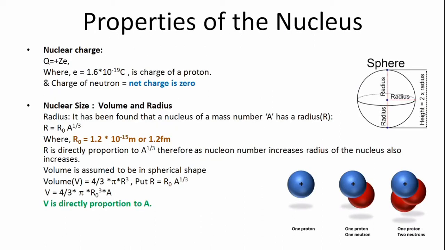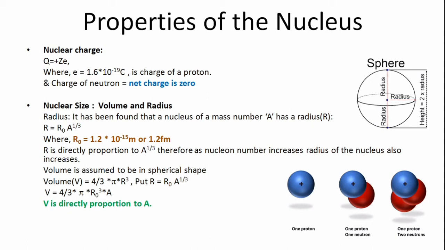Now let us discuss the properties of the nucleus. The first and most important property of a nucleus is nuclear charge. We know that an atom is electrically neutral, so the nuclear charge is equal to the total number of electrons present in the atom.